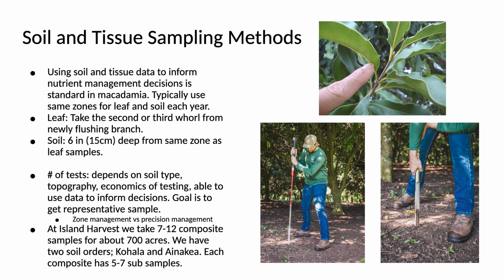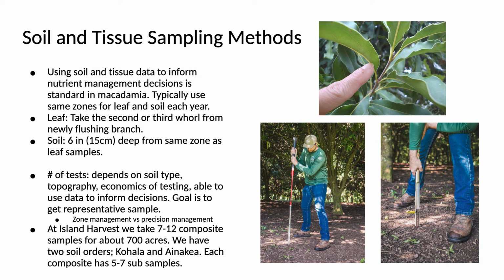We'll take it more near the middle of the row, near the tree, a few feet away from the tree, all where we're fertilizing and where the tree's feeding from. We mix that into a composite sample, and that's for that field. Then in that same area where we took the soil sample, we'll take tissue samples from all the same varieties of trees.